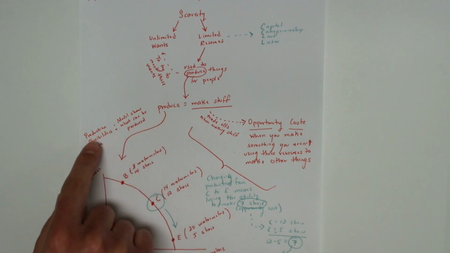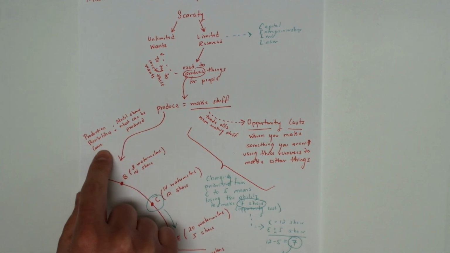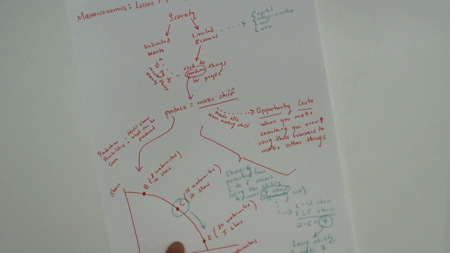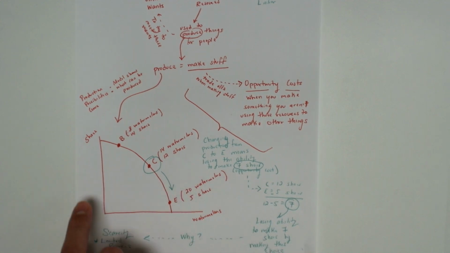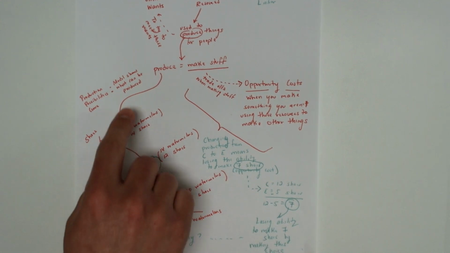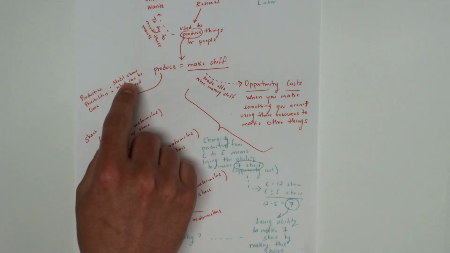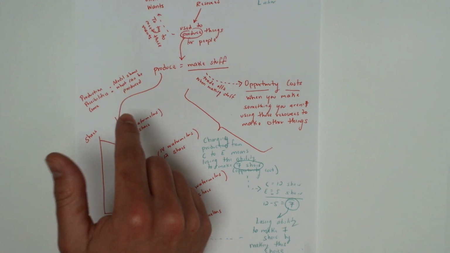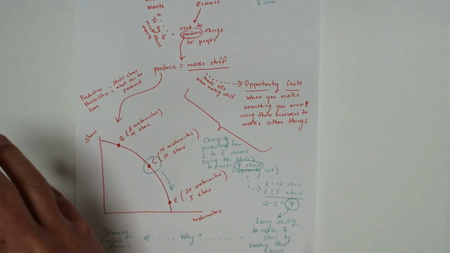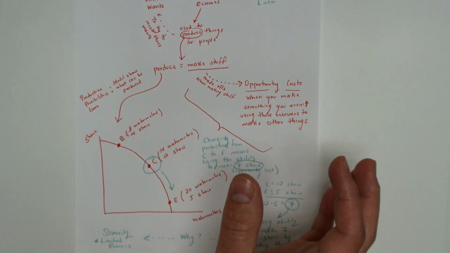Here we have the production possibilities curve. Now, the production possibilities curve is this model right here. This model is telling us what can be produced, and it's also going to show us the opportunity cost of changing production from one item to another item.